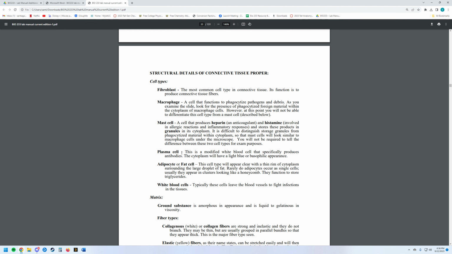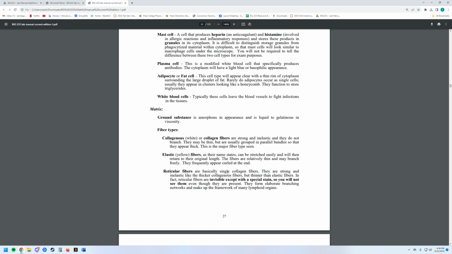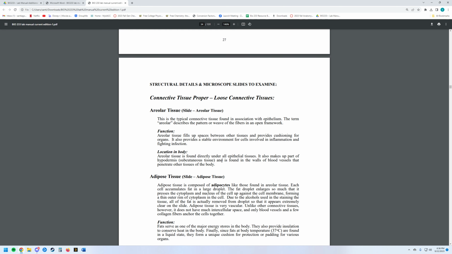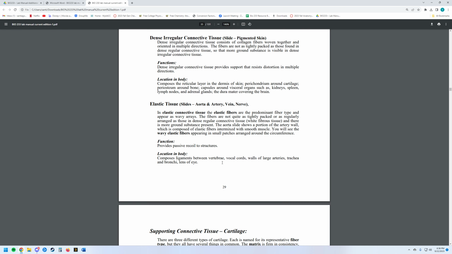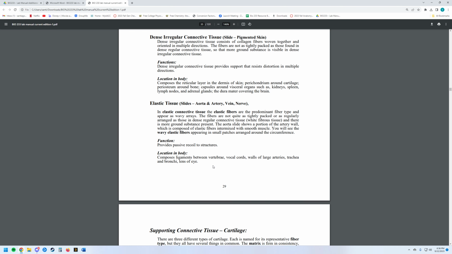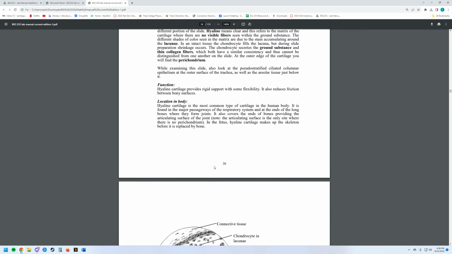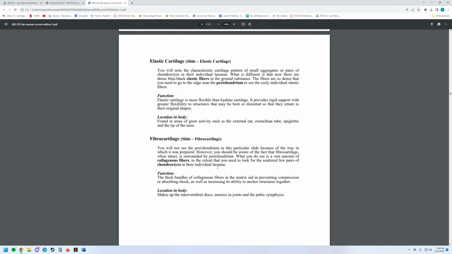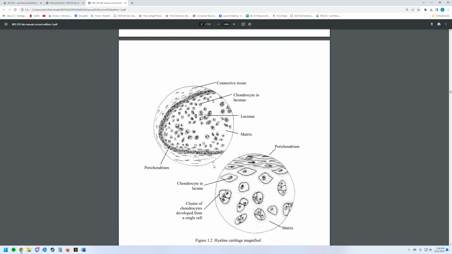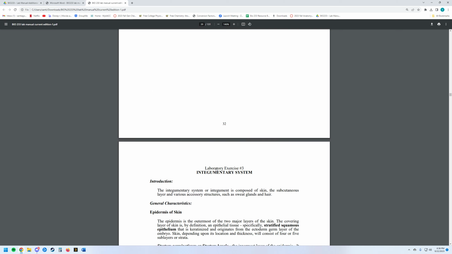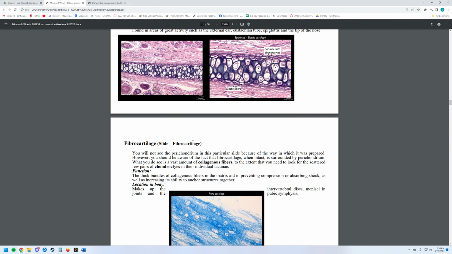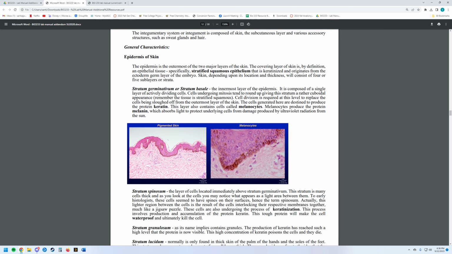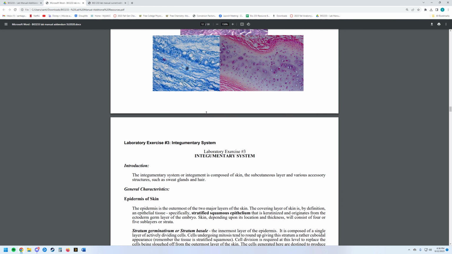It's like defining these words. Adipose, dense irregular, elastic. Supporting connective, hyaline. Elastic cartilage. I mean, yeah, and that's the end.